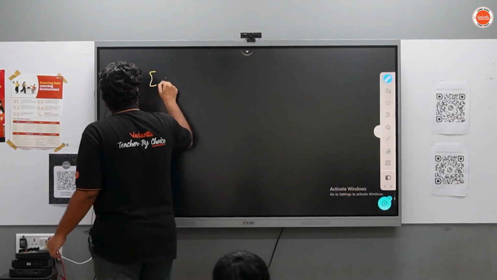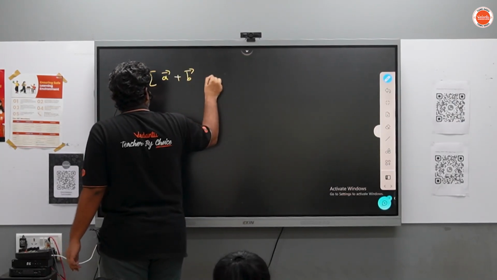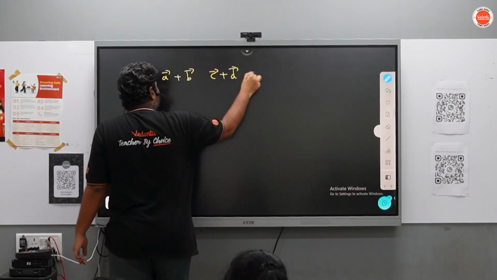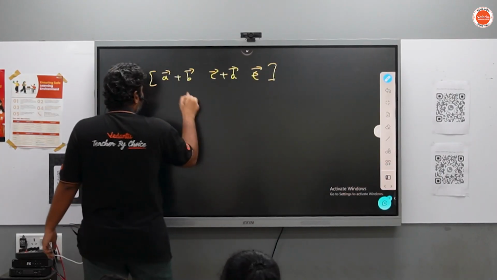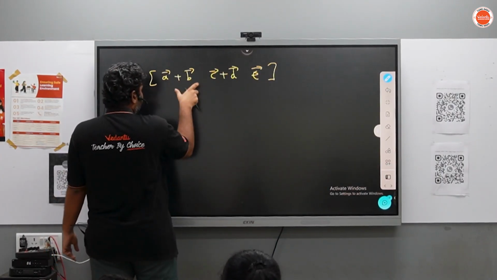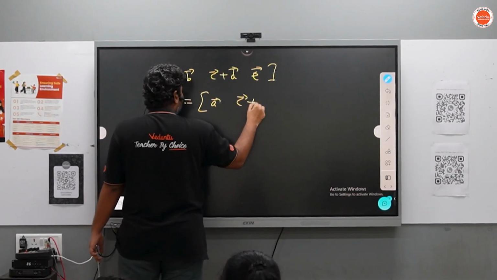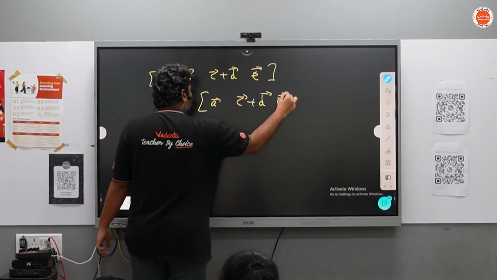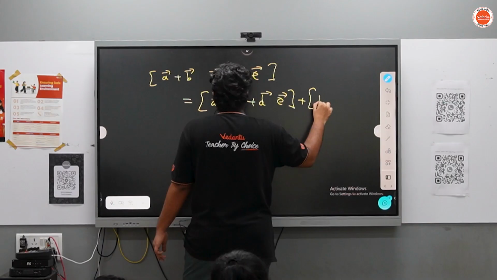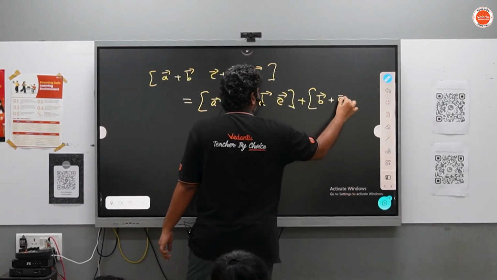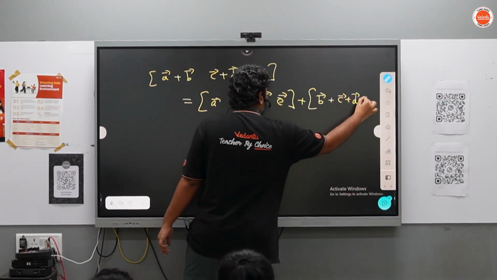So we have this. First we will expand using the first row. That will give me A vector, C vector plus D vector, E vector plus B vector, C vector plus D vector, E vector.